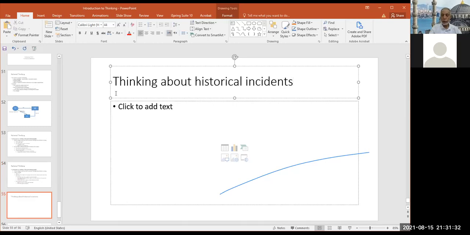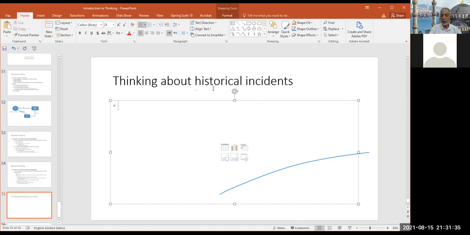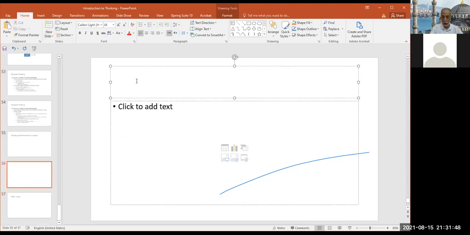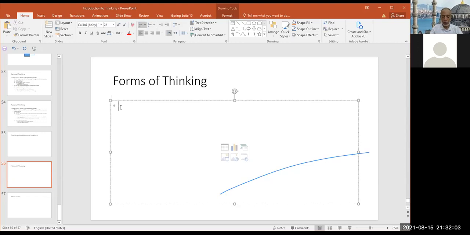Actually, this will be one of the themes that we'll be discussing, and I can give a quick glance in our future. The types or forms are actually called forms of thinking. One of them will be about history.